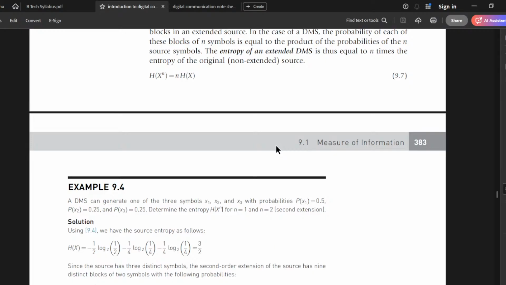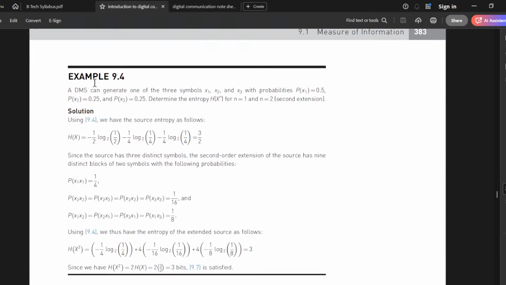Example 9.4. We are getting questions so frequently. A DMS can generate one of the three symbols x1, x2, x3 with probabilities 0.5, 0.25, 0.25. Determine the entropy H(X^n) for n equal to 1 and n equal to 2. So the normal HX would be minus half log 2 half, minus 1 by 4 log 2 1 by 4, minus the same thing, 1 by 4 log 2 1 by 4.